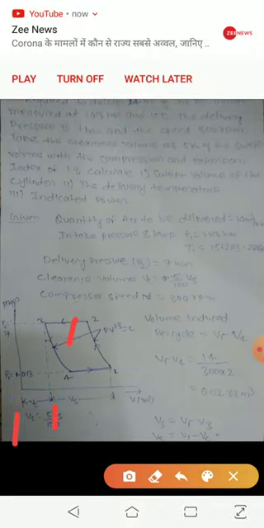The delivery pressure, that means P2 and P3, is given because P2 and P3 are equal, and P1 and P4 are equal. You can see it in the diagram. P1 is already given and P2 is given as 7 bar.